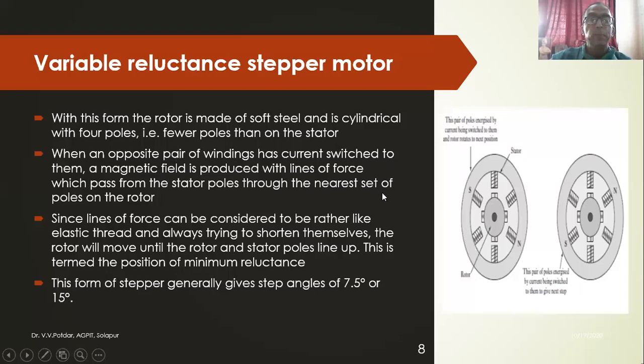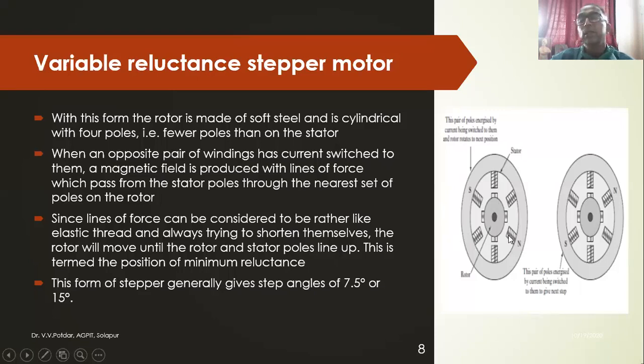The magnetic field is produced with lines of force which pass from the stator poles to the nearest set of poles on the rotor. So magnetic lines of flux will start flowing across this north and south pole. Since the lines of force can be considered rather like elastic thread, always trying to shorten themselves, the rotor will move until the rotor and stator poles line up.